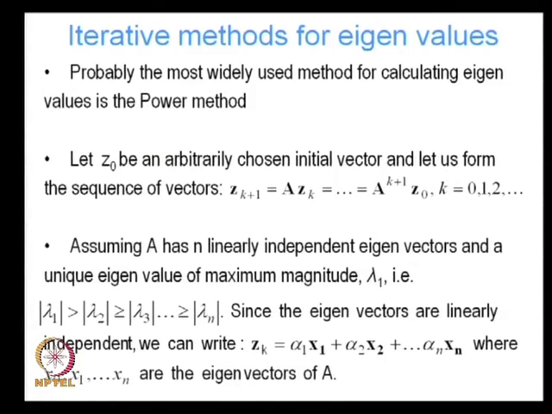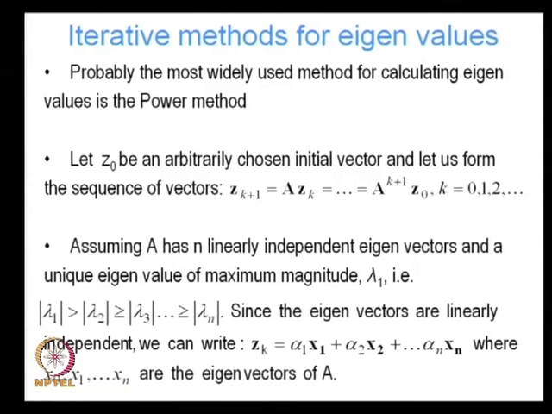And we talked about Abel's theorem, which tells us that for a polynomial of order greater than 4, it is not possible to get closed form solutions. So, we have to rely on some numerical method for solving the characteristic polynomial.